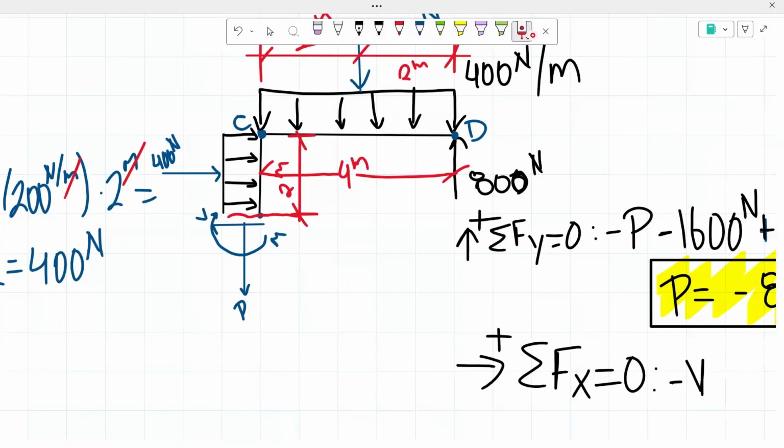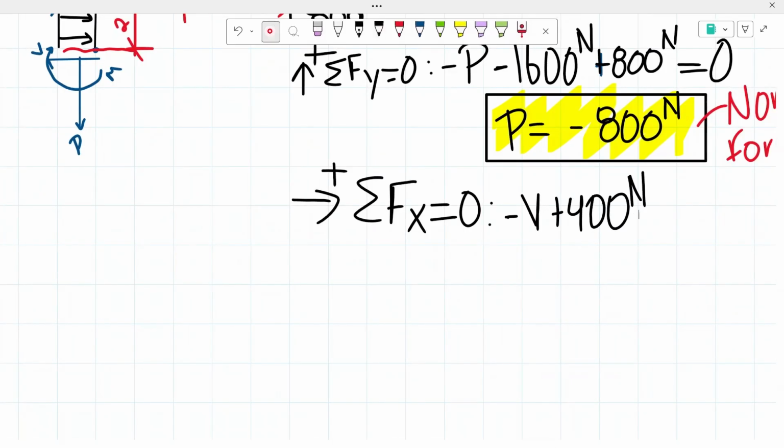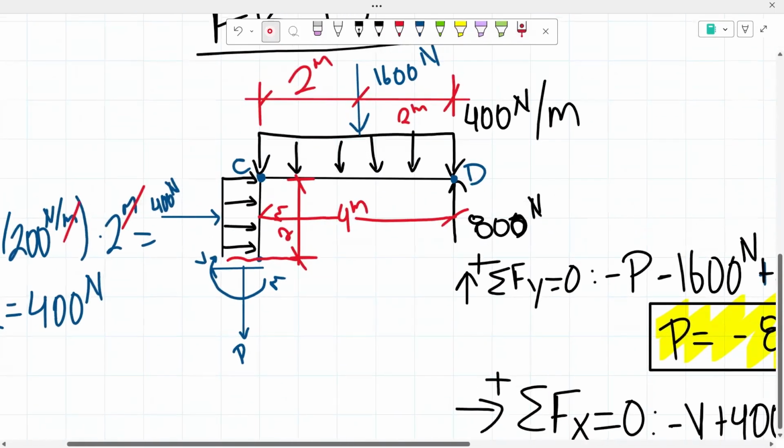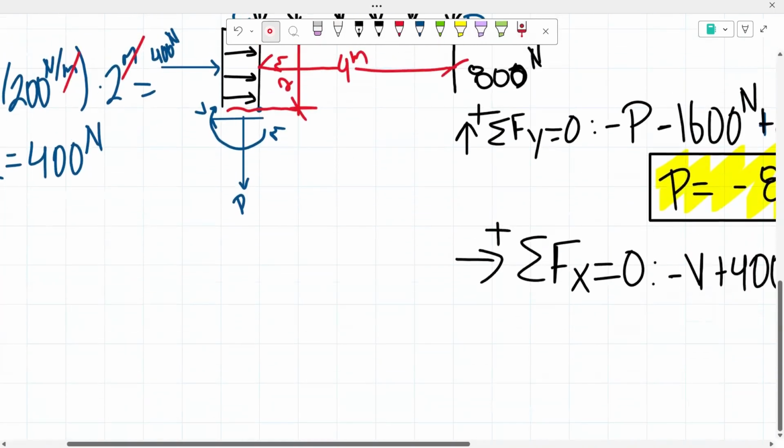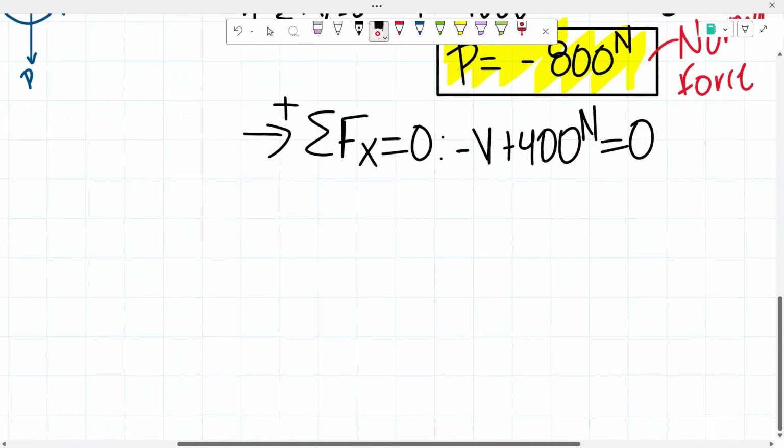It is going to the right, so that is a positive force, plus 400 newtons. As you guys can see from our free body diagram, those are all of our horizontal forces, so all of this has to equal 0. We end up getting that our shear force has a value of 400 newtons.